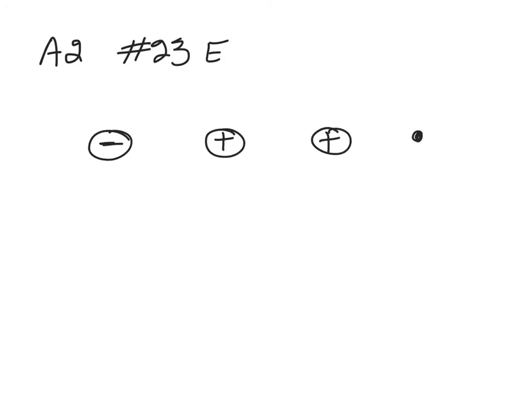so 23 is similar to the last one, and there's 6 of them. I'll do E. This is 23E. So when we go to the point, we're going to see, due to the vector on the far left, the negative vector, that's going to be toward the negative charge, and it's going to be quite small, right, because it's far away.